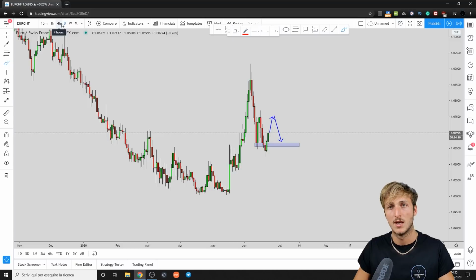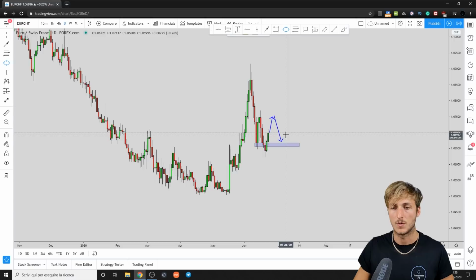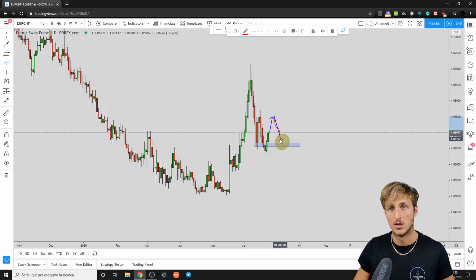The 4 hours is where you can find the best probability and find the best risk to rewards for your trades. So with students, we will be monitoring price action on the 4-hour time frame inside of this area, waiting for the market to shift from a bearish market to a bullish market from a 4-hour perspective.